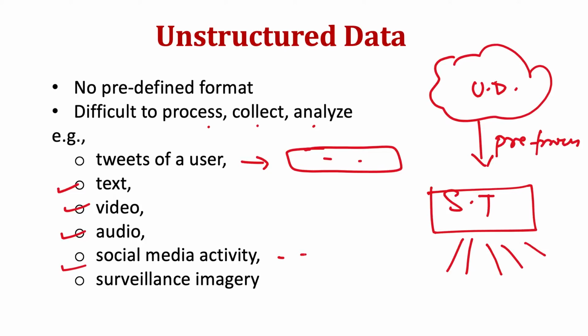They can also share someone else's post. Then there are images captured by surveillance imagery. These are all unstructured data, and we need to find some pattern and structure in them, and then further we can move and apply it to our NLP applications.